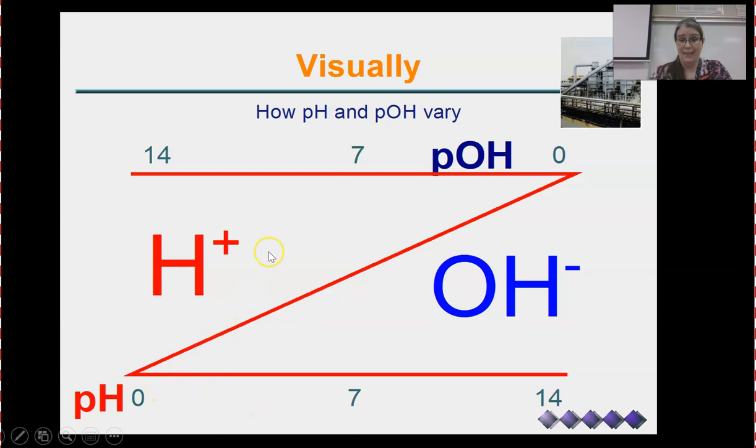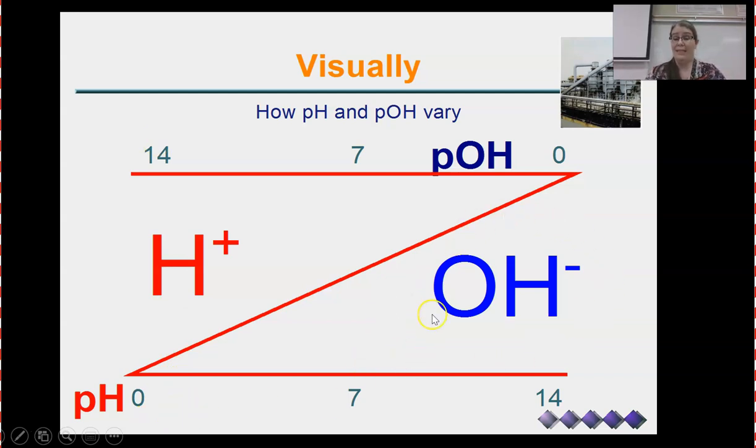And there really is still a little bit of OH- floating around, and you can measure a pOH for this. Take the negative log of the OH- concentration. But because the negative exponent will be like negative 11 or negative 12 or negative 13, the pOH is very large. So when pH is small, pOH is big. And of course, the sum of pH and pOH is 14.